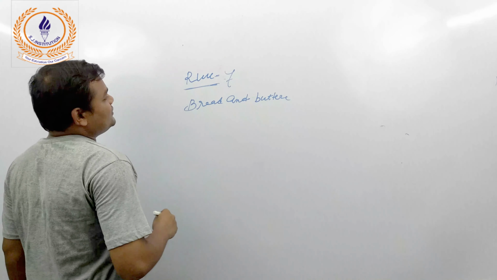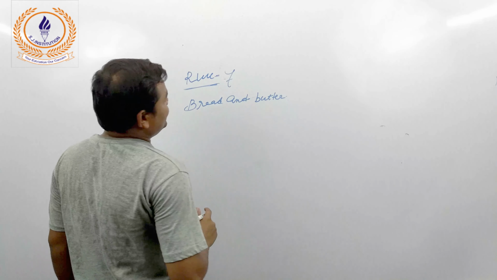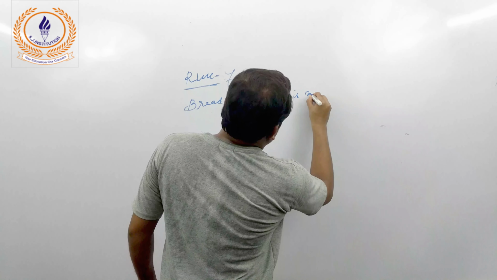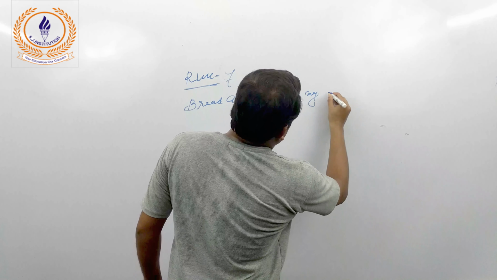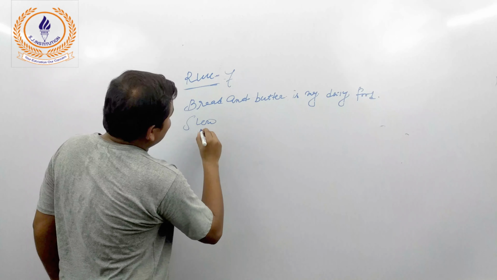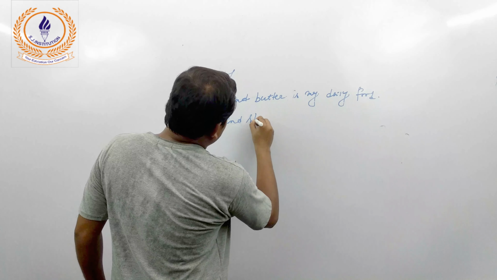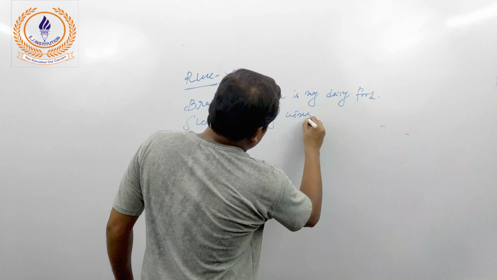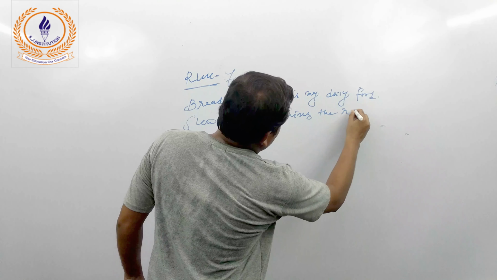Here we see two nouns connected by and, and are part of the same idea. Bread and butter is my daily food. Another example, slow and steady wins the race.